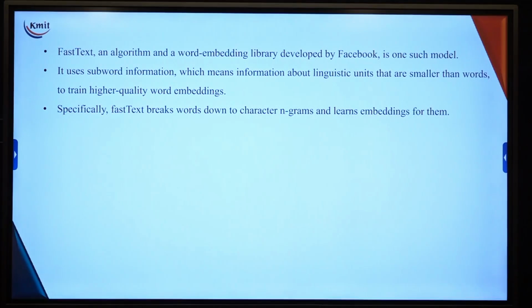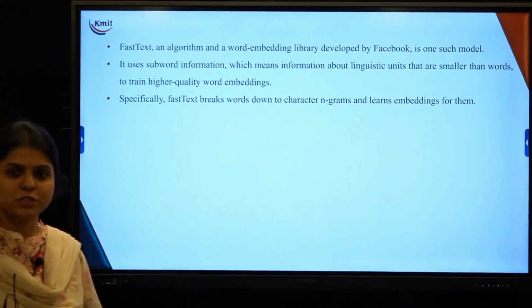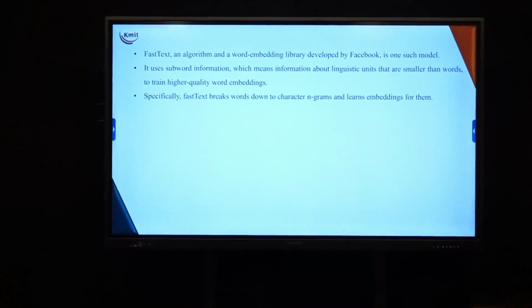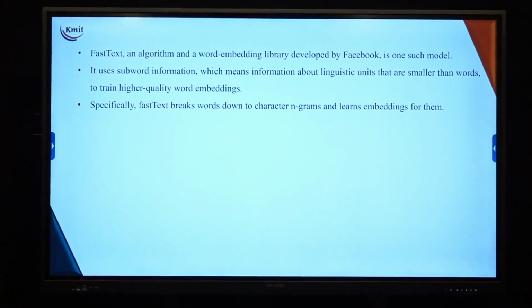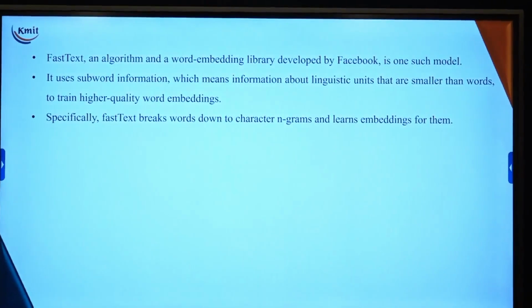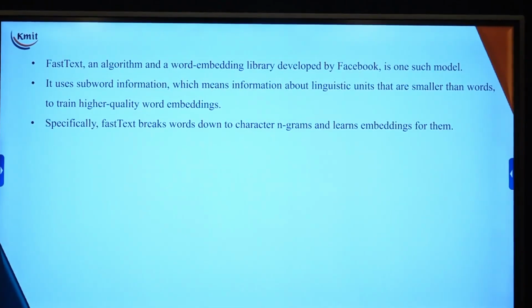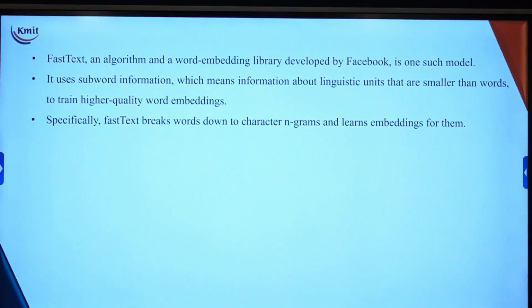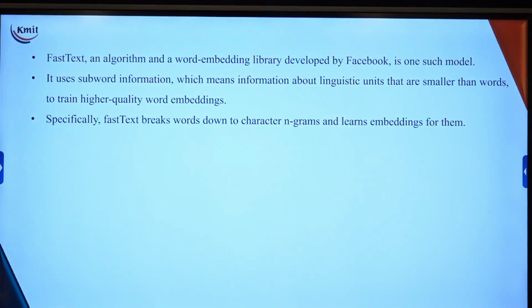GloVe was developed at Stanford University, whereas fastText was developed by Facebook. It uses subword information, which means information about linguistic units, to train high quality word embeddings. Basically, fastText breaks down the given word into some n-grams and starts learning the embeddings for them, like dog, doggy, kitten, kitty, grandma, granny, and all that stuff.